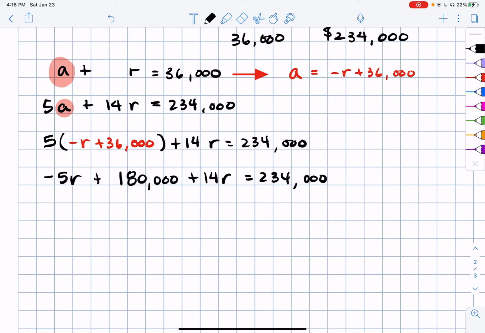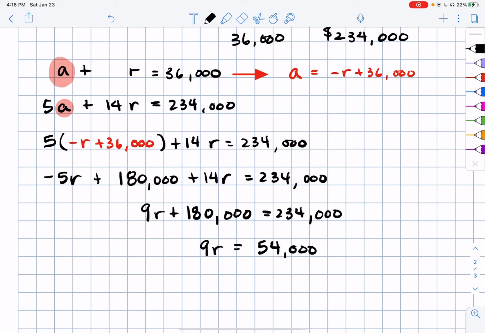Negative 5R and 14R is going to give me 9R plus 180,000 is equal to 234,000. So I've got to subtract that 180,000, so I get 9R equals 54,000.